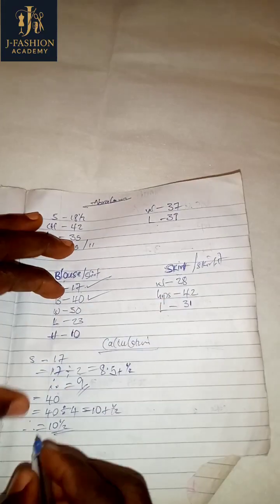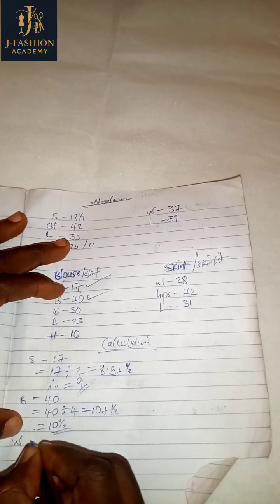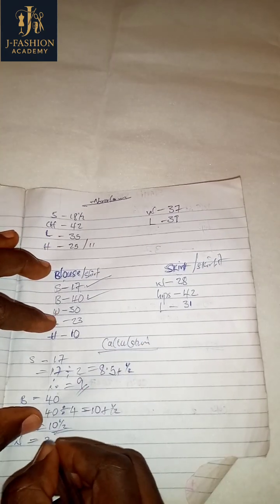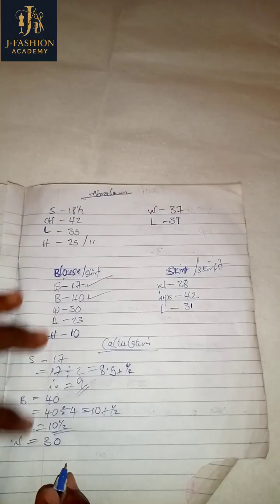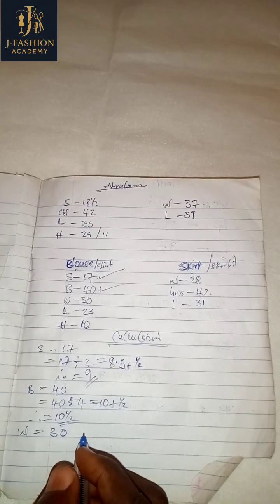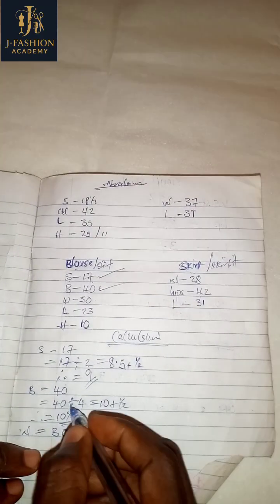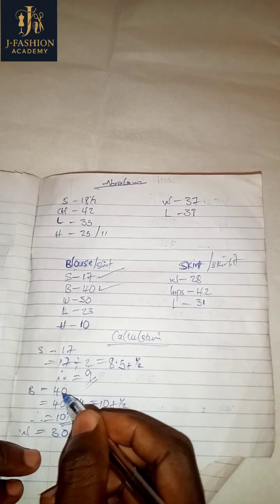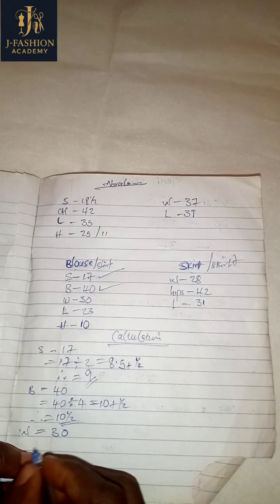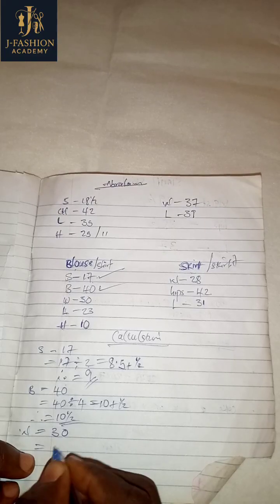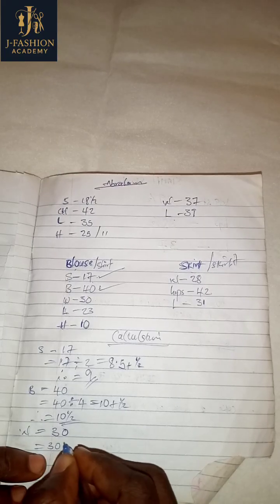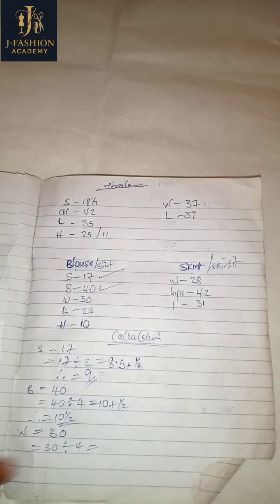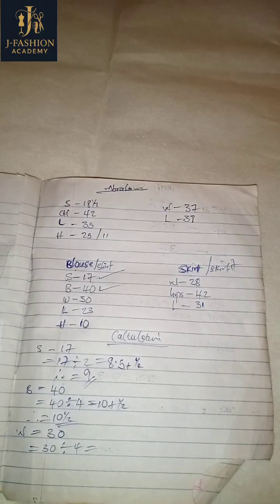Going to waist measurement. Your waist is 30. It's the same thing, you are going to use the calculation for bust to get your waist measurement. So 30 divided by 4 is equal to, use your tape.